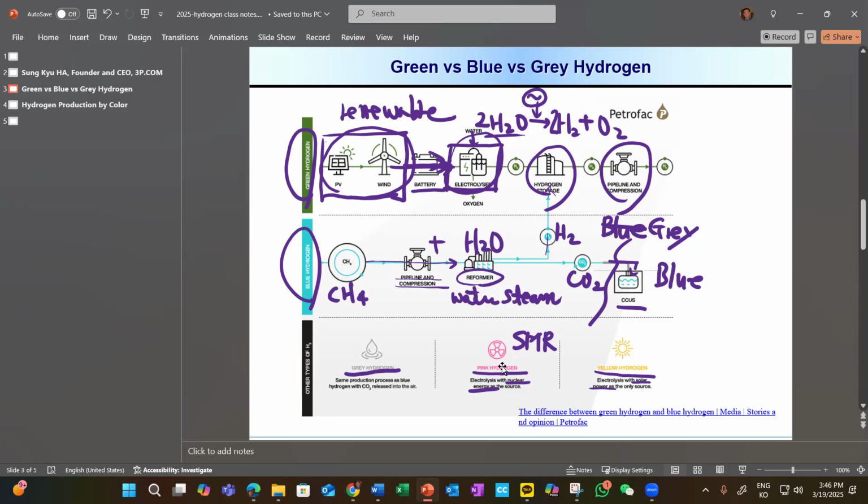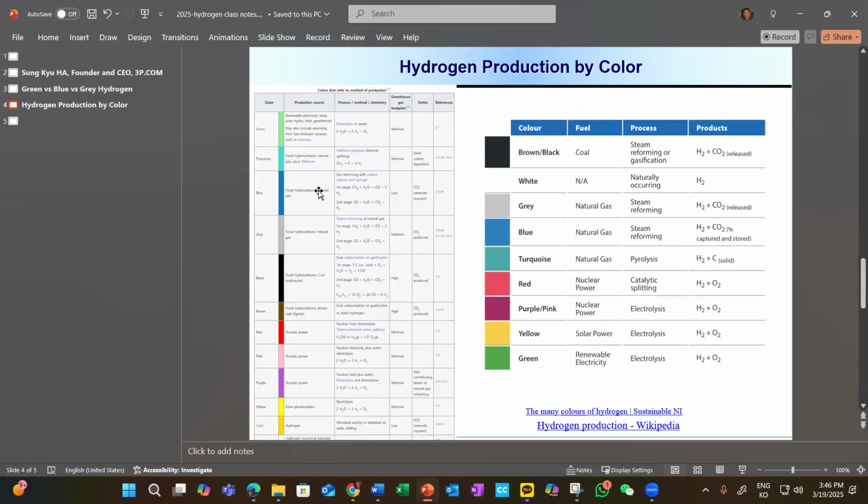Okay, so you can see that there are different colors. I added a little more methods with detailed characteristics, and this reference refers to the site, the Wikipedia page on hydrogen production.